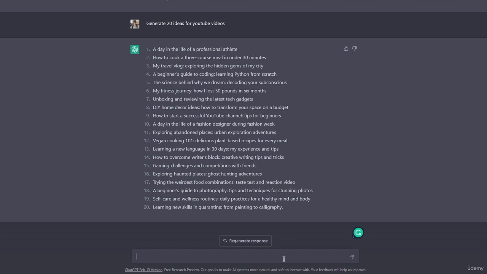Now I want to generate 20 ideas for YouTube videos again, but this time I will use a condition, but at the same time it will not make this prompt a closed prompt. It will still be an open prompt, because it will not shape the entire outcome. I mean, of course it shapes the outcome. Each and every single detail will shape the outcome of what ChatGPT is doing, but it's not so much limiting the chatbot.